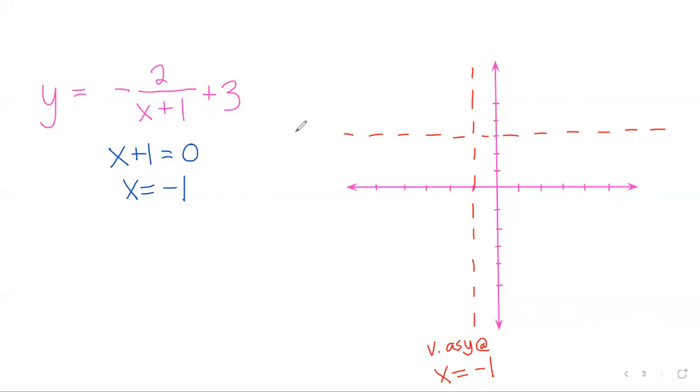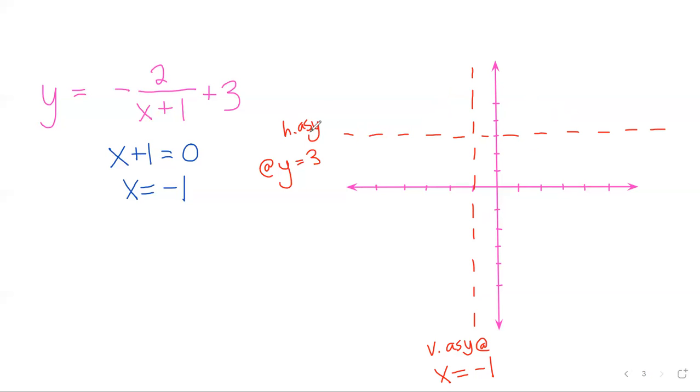Okay, so there's a vertical asymptote, and a horizontal asymptote at y equals 3. This negative sign means that things are going to flip. So we're used to seeing these directions. Now we know it's going to be flipped across this line in both cases.